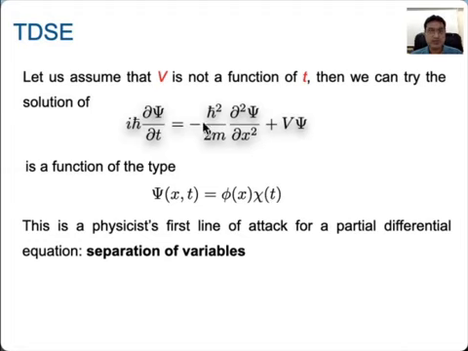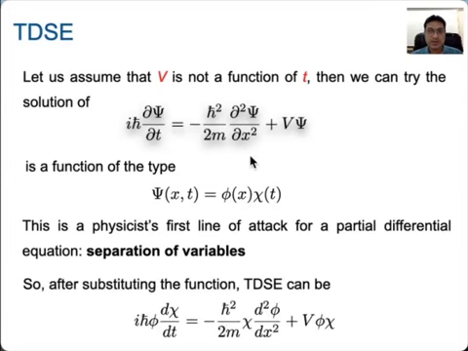We will get minus h cross square over 2m times chi of t d2 phi over dx2. Here we have substituted the potential as it is because there is no particular operator form of this potential at this point of time. Here phi is not going to be affected, so it is out of this operation, and here chi is not going to be affected, so this is out.